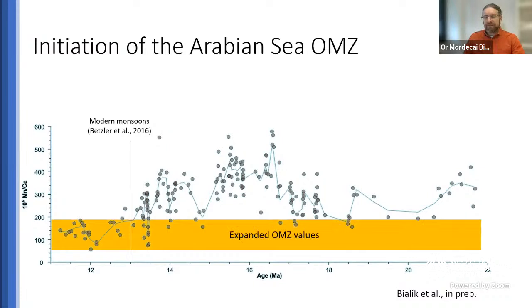But if we take those levels and we take them back before the initiation of monsoons, we can see that at some point, we start getting values dipping into that band. Maybe short-lived expansion of the OMZ, stronger periods of monsoon before we get the stable modern monsoon.